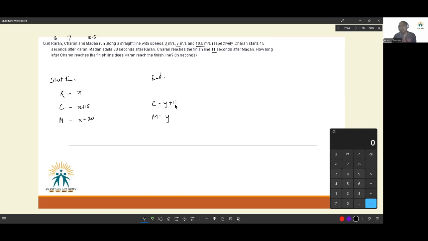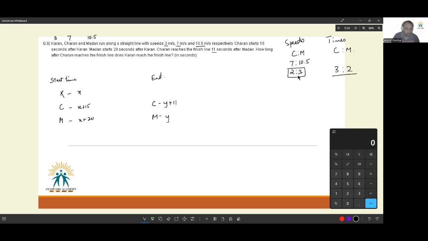Okay. So now the wonderful thing that we can potentially look at is the ratio of speeds of Charan to Madan. The ratio of speed of Charan to Madan is 7 is to 10.5, or more simply 2 is to 3. So the ratio of times of Charan and Madan should be 3 is to 2.